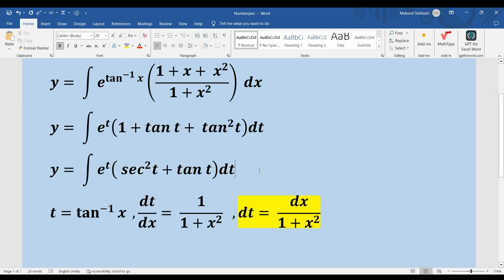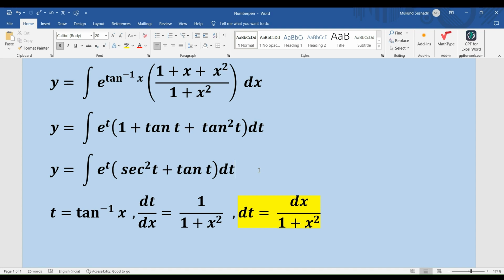Now I notice that my expression has become a lot simpler, and I also see that I'm able to connect my tan t with secant square t, right? Because my d by dt of tan t is nothing but a secant square t, right?